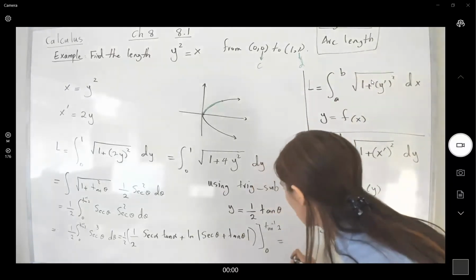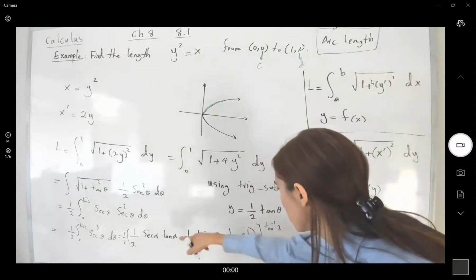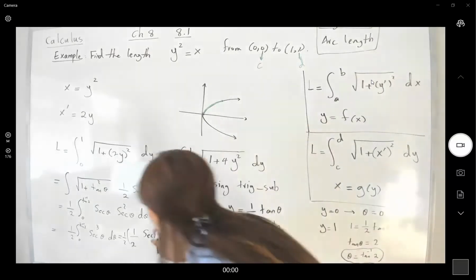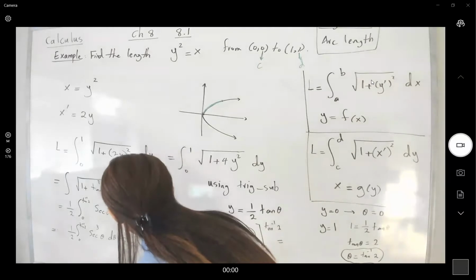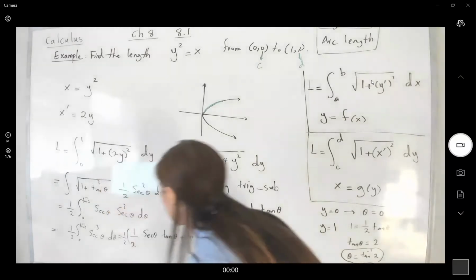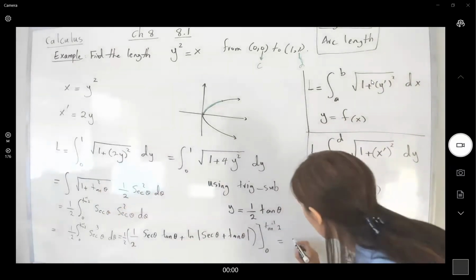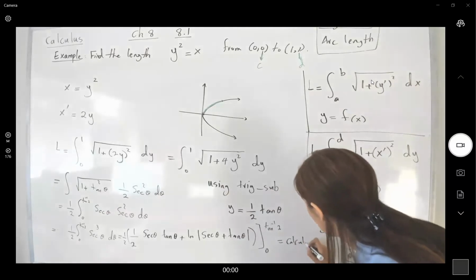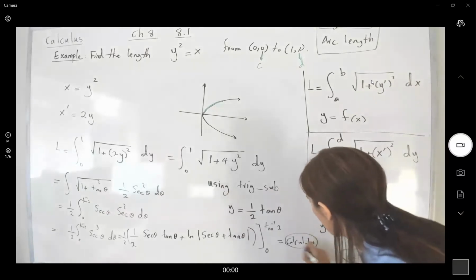We substitute this theta, we don't need alpha, and calculate the length for you.